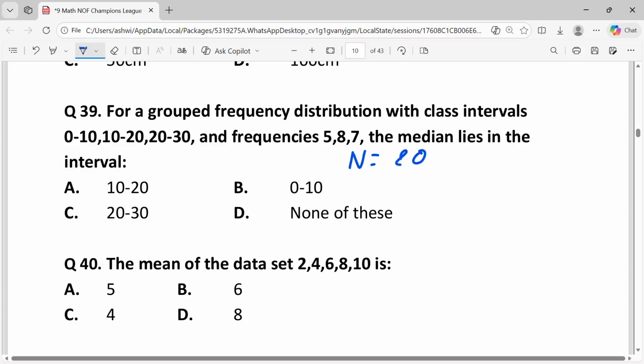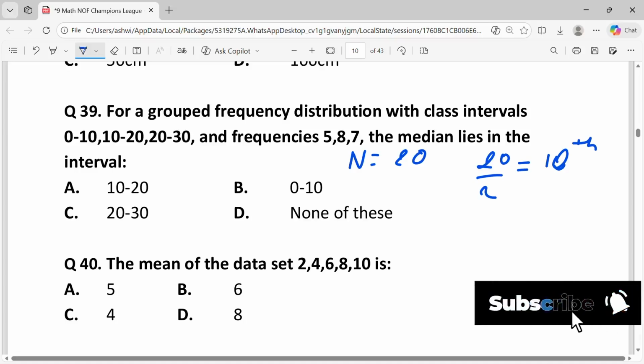The median position is at n/2, that is 20/2, which is equal to the 10th position. The 10th observation falls within the class interval 10-20. So the answer is A, 10-20.